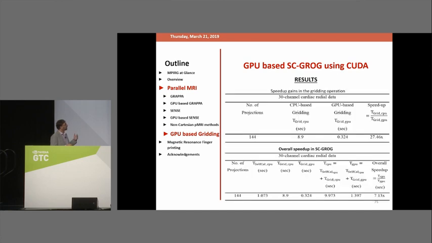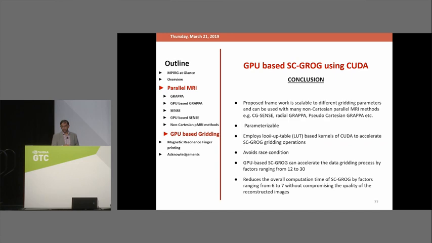Even for the 30 receiver coil data set, significant improvement is achieved in terms of reconstruction. So to conclude this part, the proposed framework is scalable to different gridding parameters and can be used with many non-Cartesian trajectories. It employs a lookup table to avoid race conditions. It can be used to accelerate the gridding process significantly. It reduces the overall computation time.